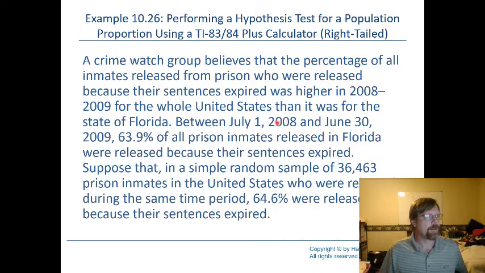We've got some 63.9% of prison inmates released in Florida were released because their sentence expired. If we look at a simple random sample of inmates in the U.S. in the same period, they got 64.6%. All right, so let's do this on the calculator.